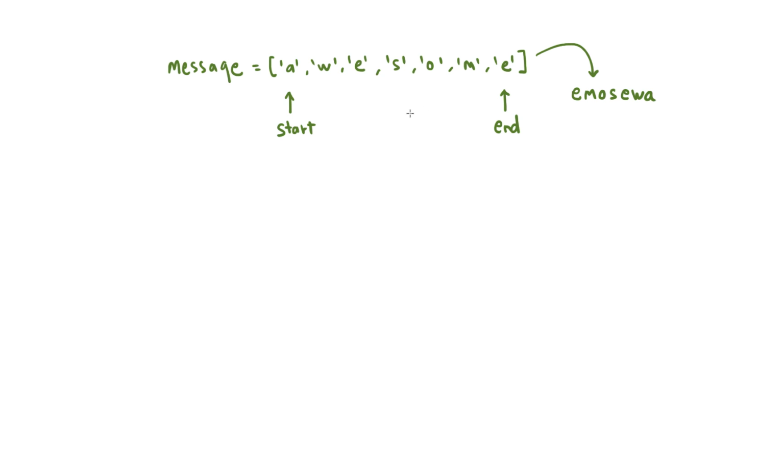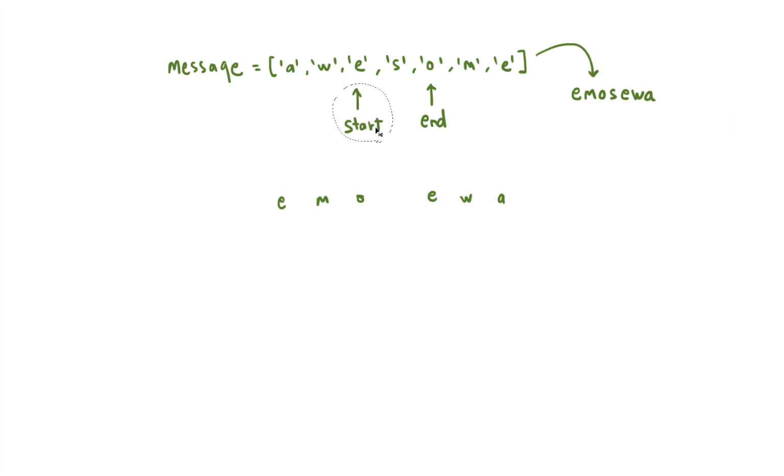Okay, so right now we are going to swap E and A and then move start to the right and move end to the left, and then swap again, repeat the same process, move this to the right, move this to the left, swap the characters and move this to the right.